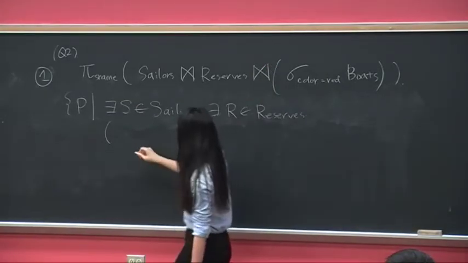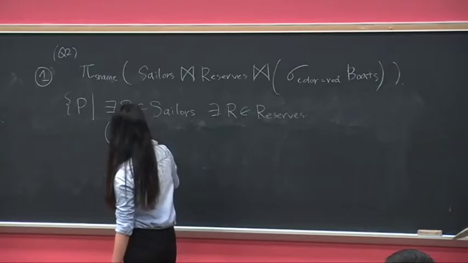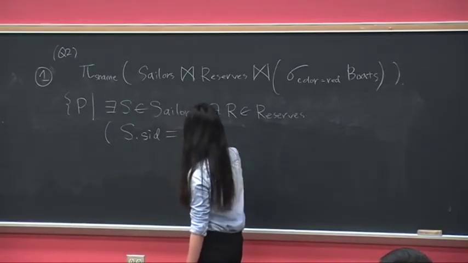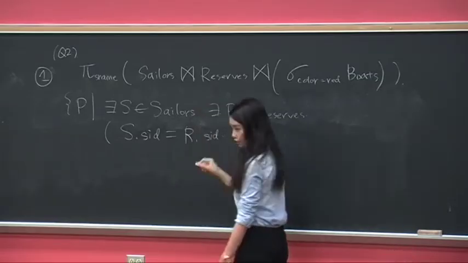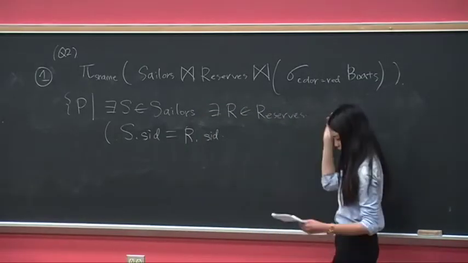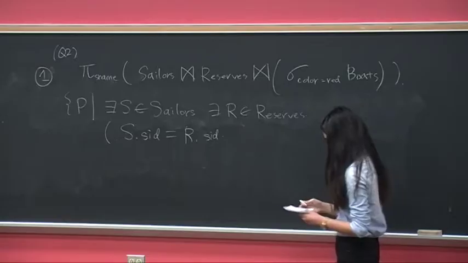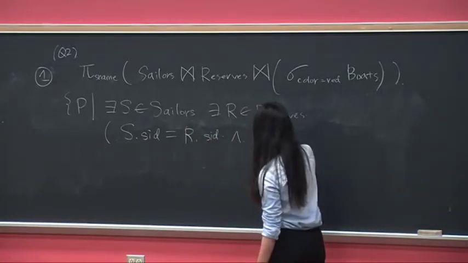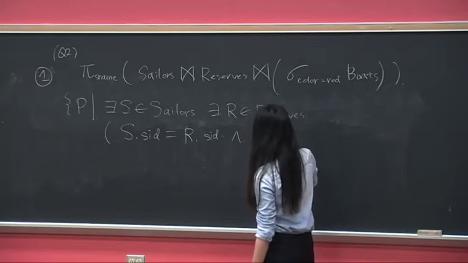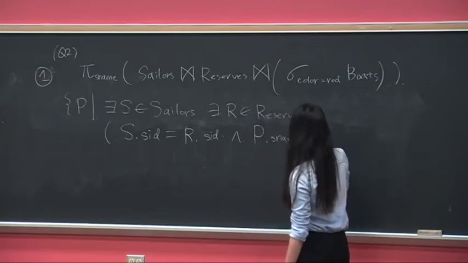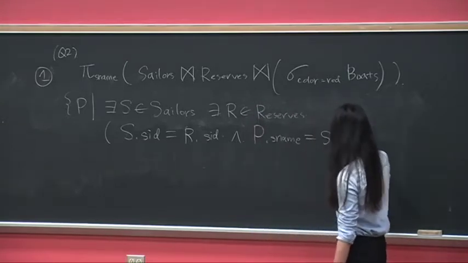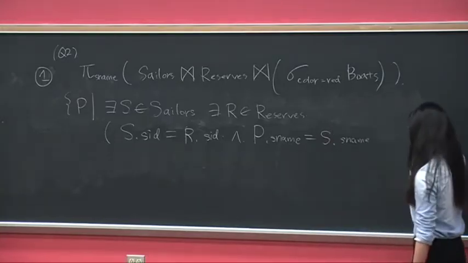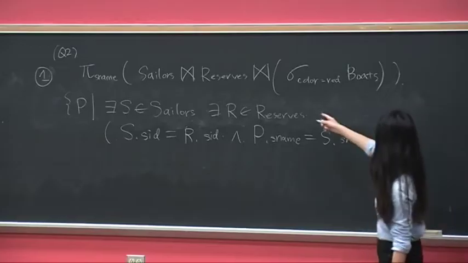In order to join them, the SID from S should be equal to the SID from R. Okay, let's ignore the boats. And then we also take care of the projection where we say the S name from P will be coming from S. So far so good, but we haven't taken care of here.